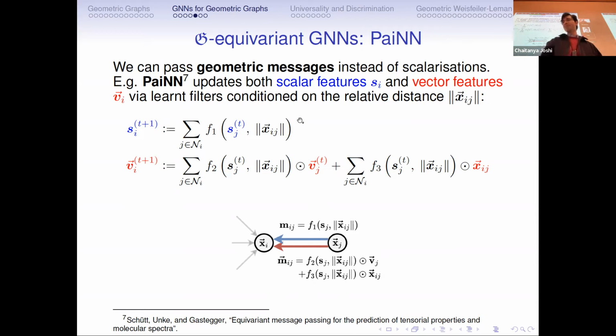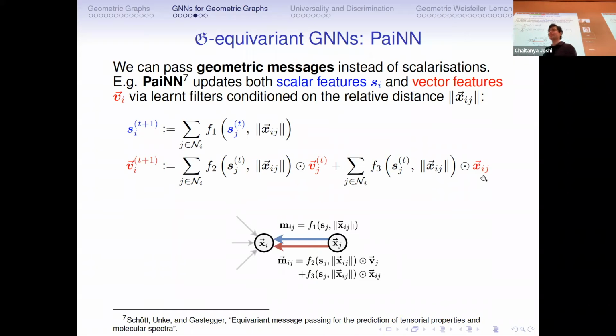And your scalars are updated in the same way as SchNet. You just use the relative distance and you condition your update based on your neighbors. Interestingly, your vectors are now updated based on aggregating from your neighbors' vector features as well as your neighbors' relative positions.